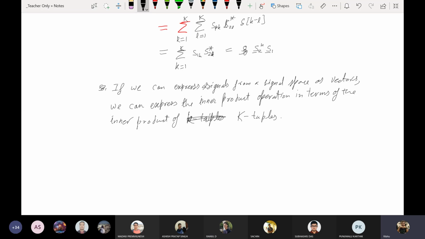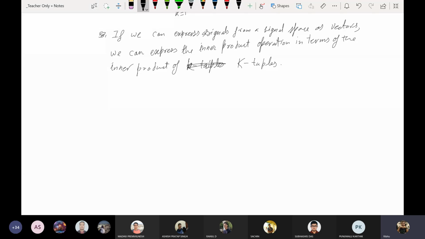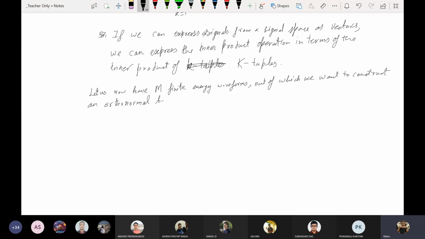So let us now do something related. Let us now have capital M finite energy waveforms out of which we want to construct an orthonormal basis.